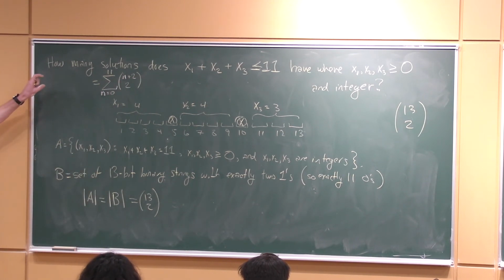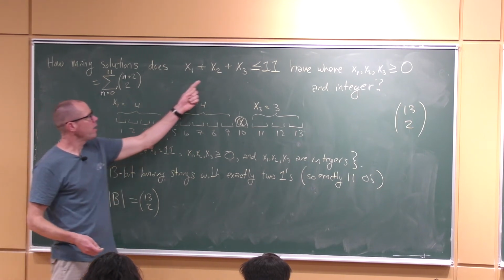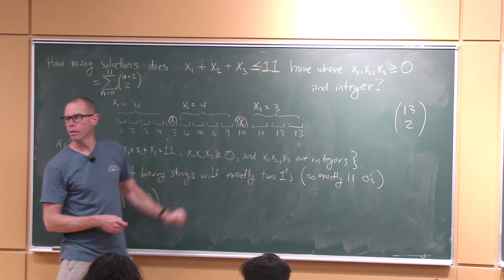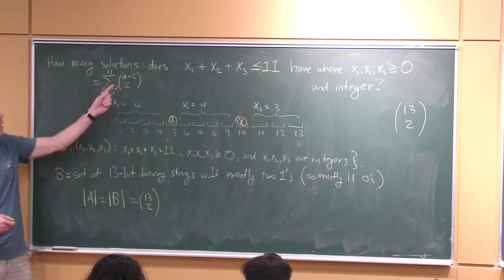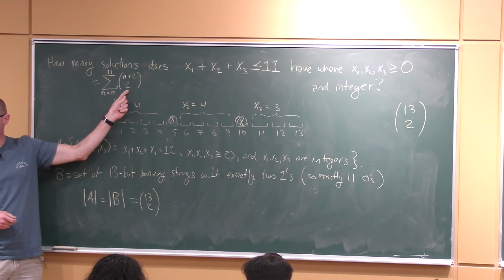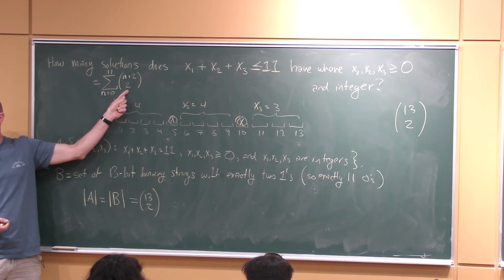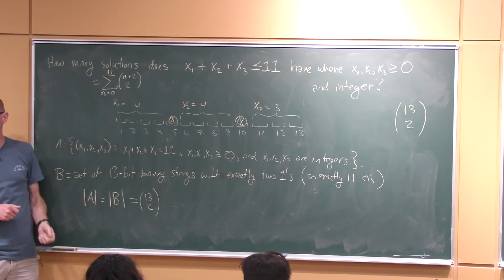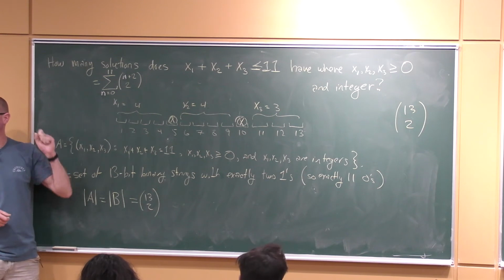That doesn't change anything significantly, but it makes it look more like the thing on the right. So what we said is if you have k equals 3 variables, then the number of solutions is n plus k minus 1, choose k minus 1. That's for the solutions that add up to n, and we're interested in all the n's from 0 through 11.